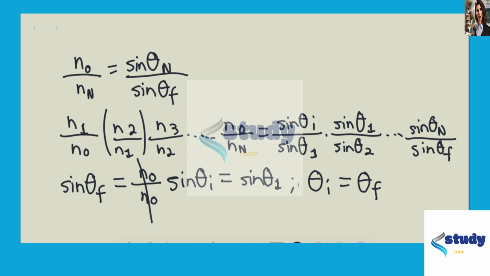So for the case in the problem statement, the angles of the emerging light rays are both the same as their respective incident angles. This would be our answer for part A.